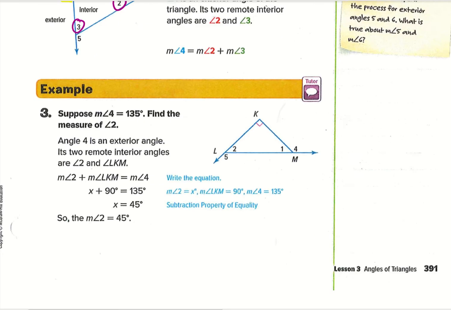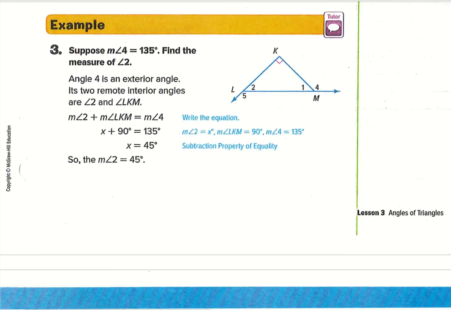So if we look at example 3, it says suppose angle 4 is 135 degrees. Find the measure of angle 2, okay? Angle 4 is our exterior angle, and then 2 and this angle K have to equal the same thing as 4.